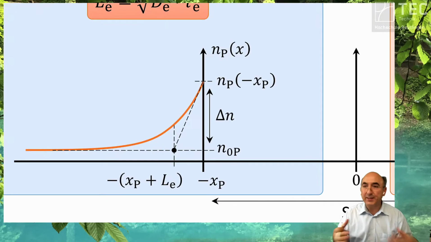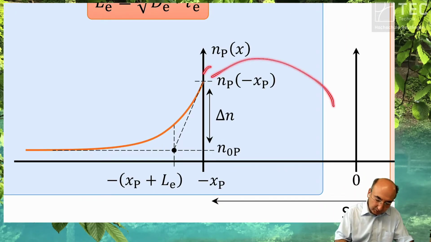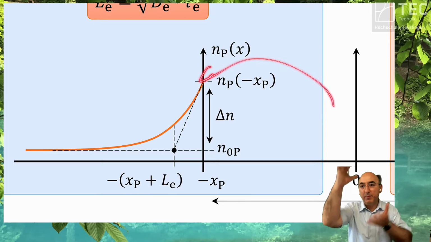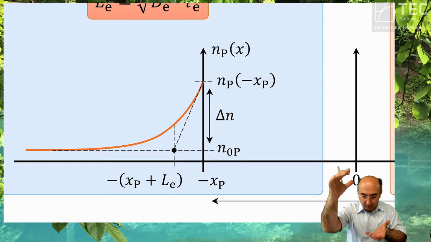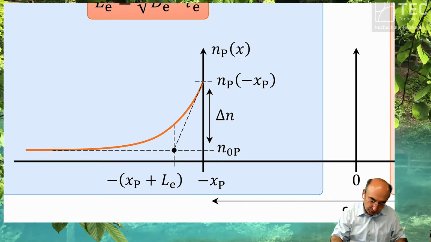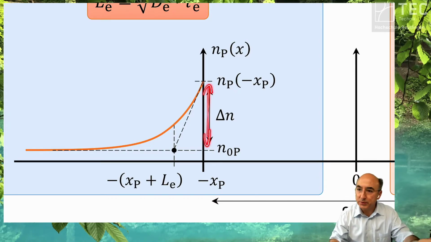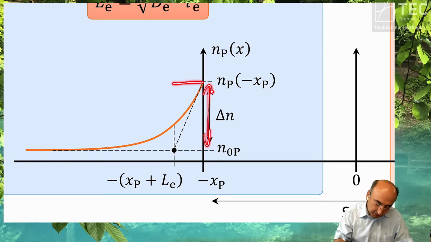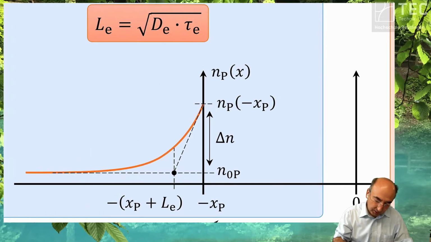Okay, it is understandable also heuristically, because if I put a lot of electrons here, I have a bunch of electrons there. Now, this bunch of electrons tends to recombine due to the excess concentration. Okay, they recombine, but in addition, they tend to diffuse. So the diffusion plays a role.